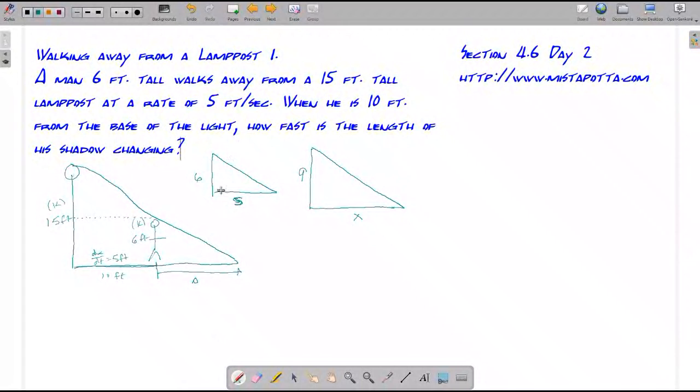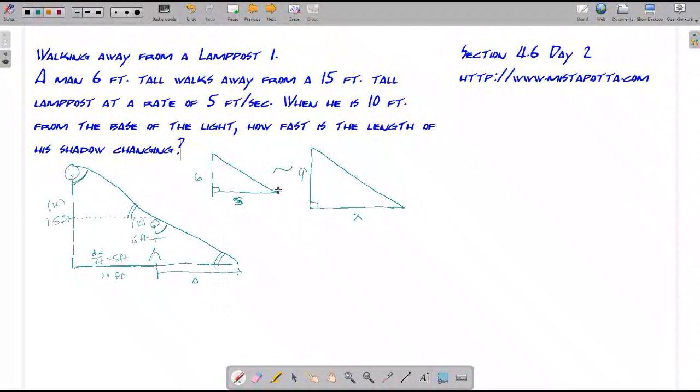And these triangles are both right triangles because they share this right angle. And these angles here have to be the same, as do these angles here. So what I really have are similar triangles.